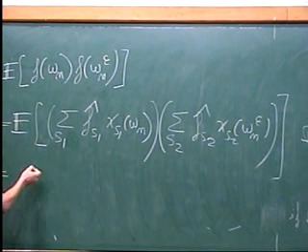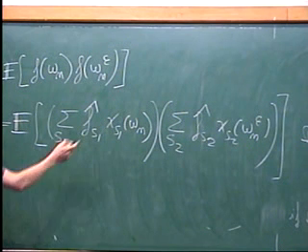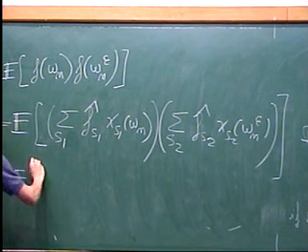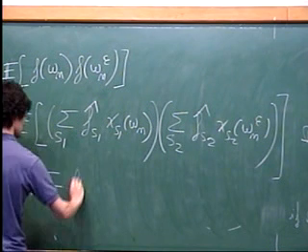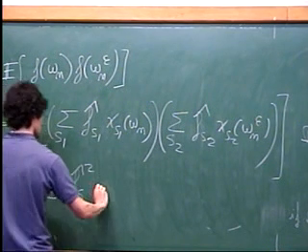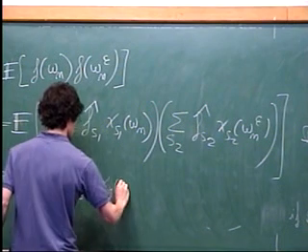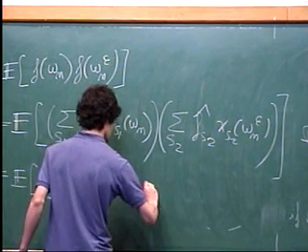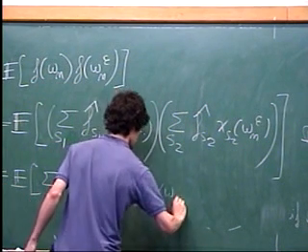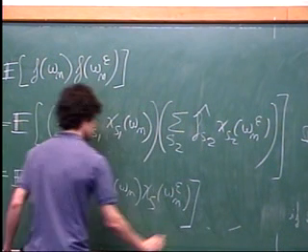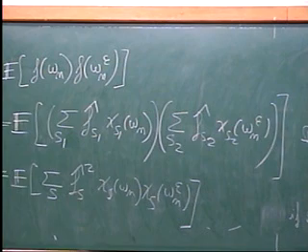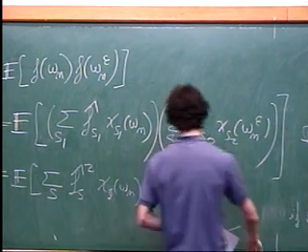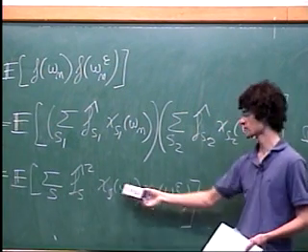So when you expand this, you find that this is just the expectation of this. And now, the only thing we need to compute is the correlation for these simple functions.